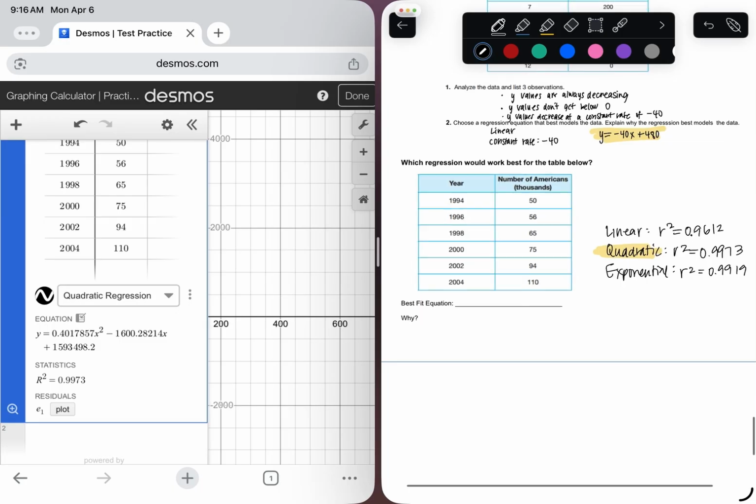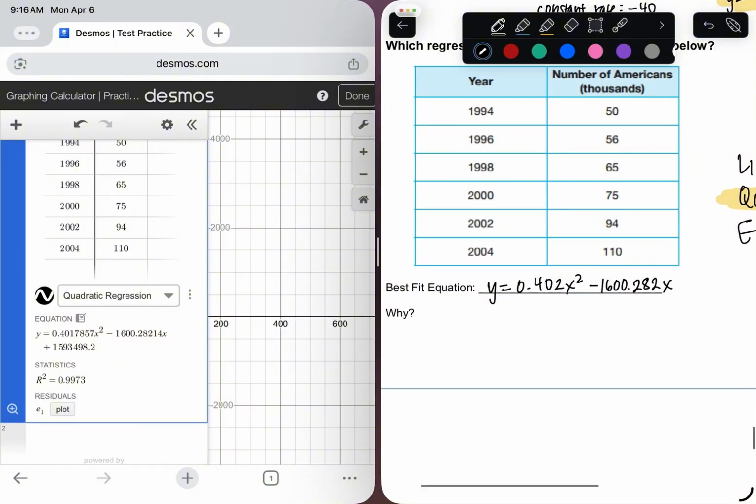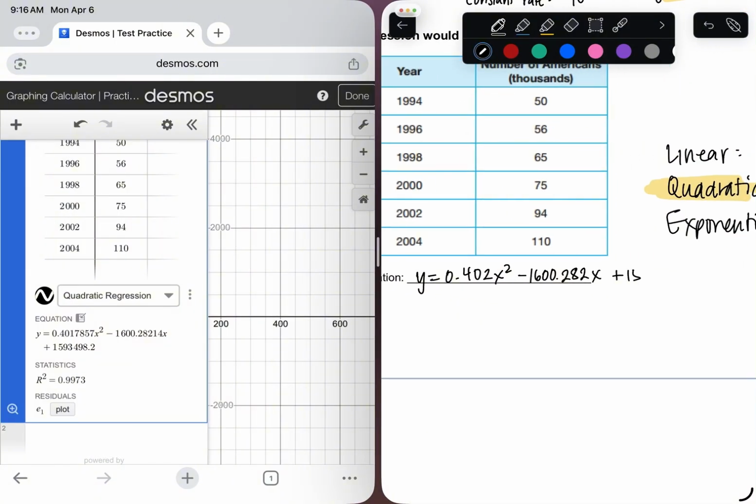And so we'll keep 3 decimal places for each one. So 0.402x squared minus 1600.282x plus 1593,498.2.